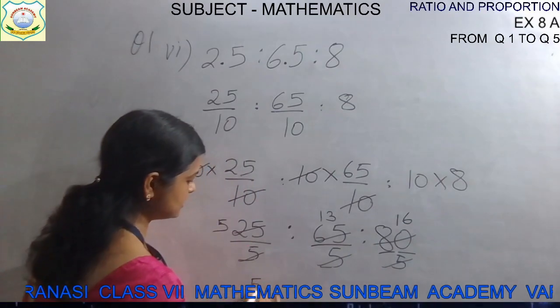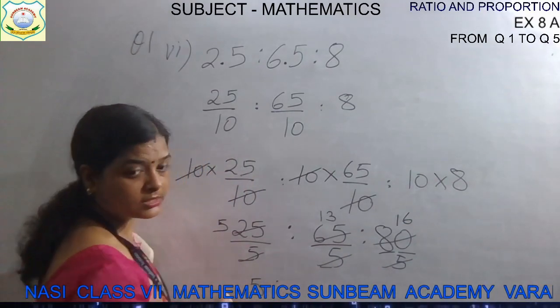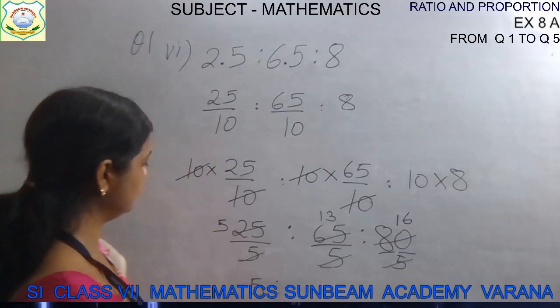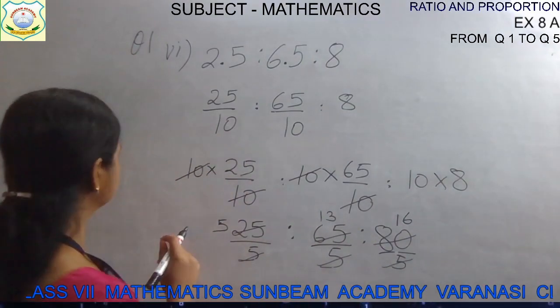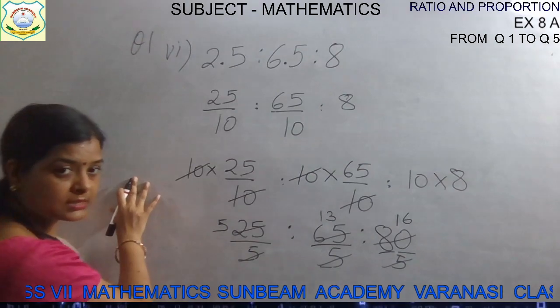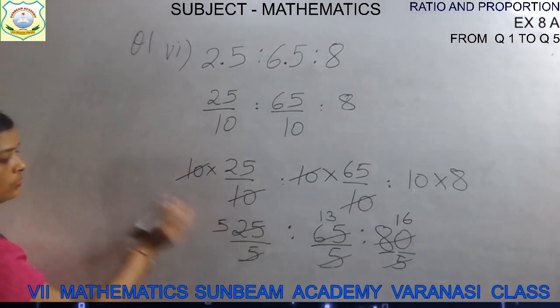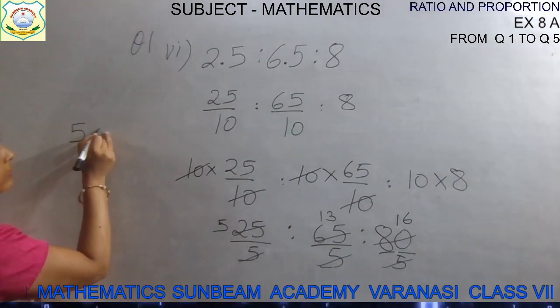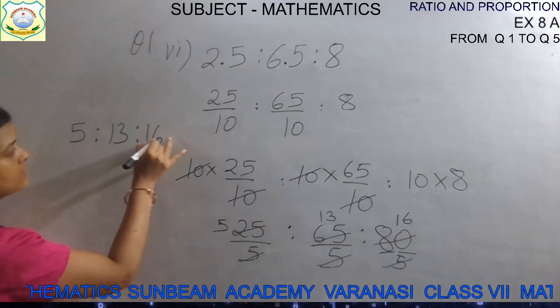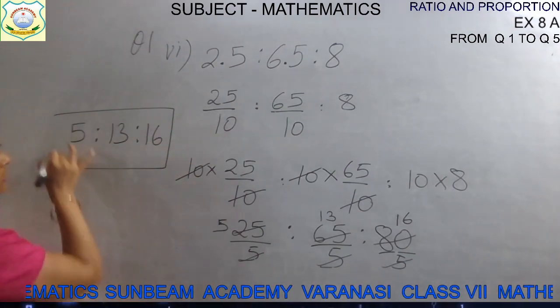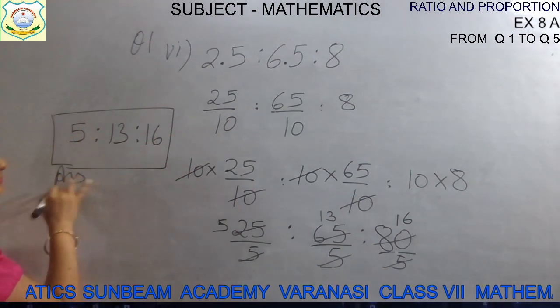So your answer is 5 is to... is it visible? No, it is not visible, beta. Where should I write? Should I write here? Is it visible? Yes. So the answer is 5 is to 13 is to 16. So this is your final answer.